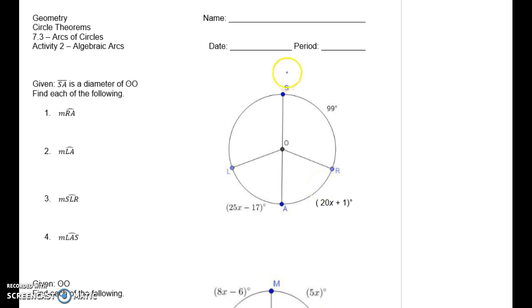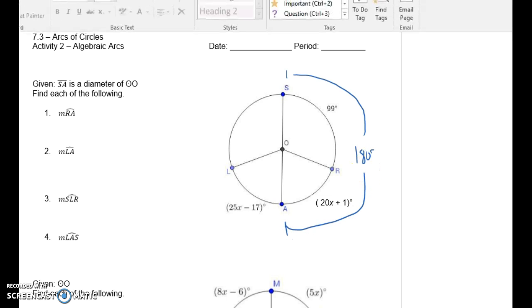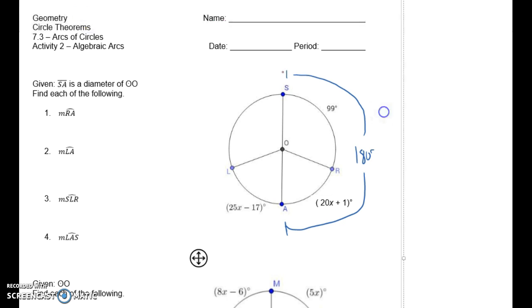From here down to here is 180, and on the other side, from here to here, that's also 180 degrees.